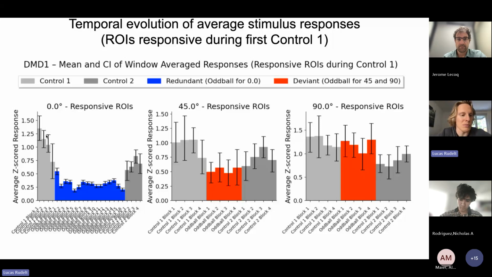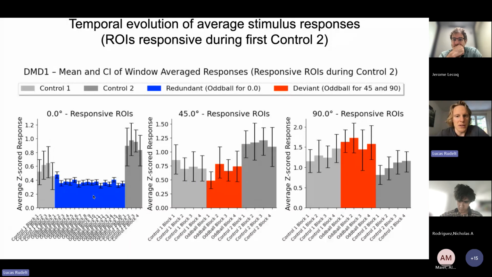So there could be a very strong response in the beginning, and then there's habituation and synaptic depletion kicking in. And then, of course, during the oddball, there's very strong depletion because we show the same stimulus over and over again. And it looks like the second control is kind of releasing from this strong depression of the oddball block.